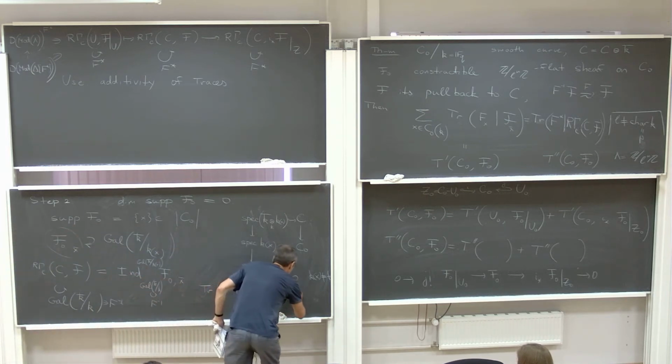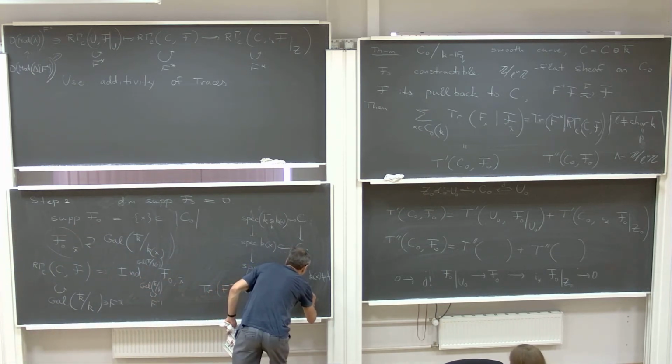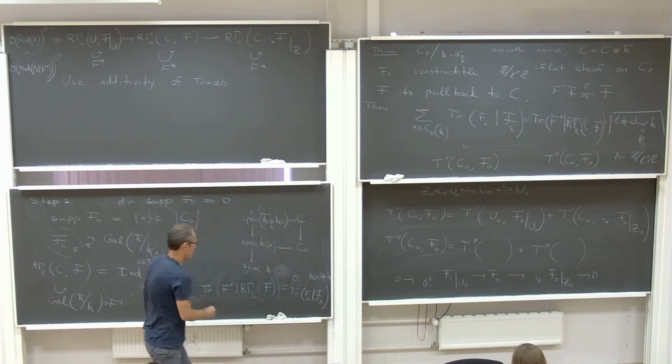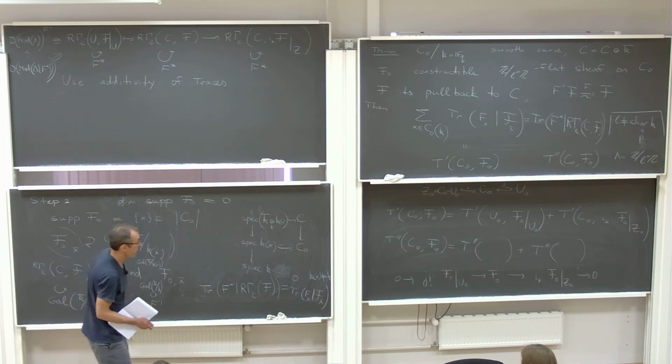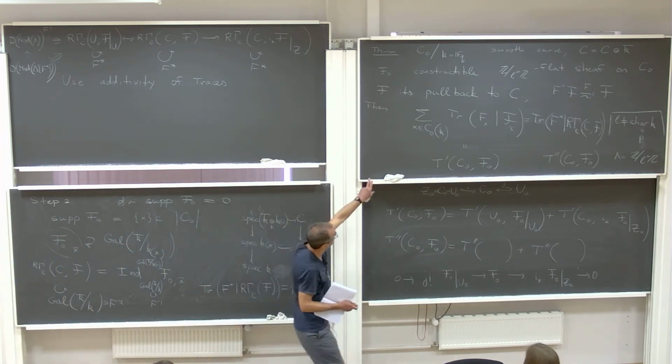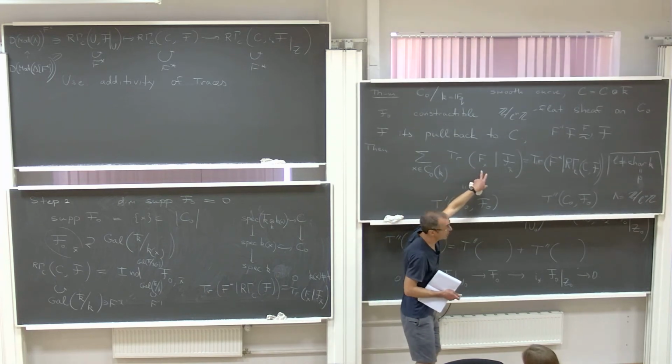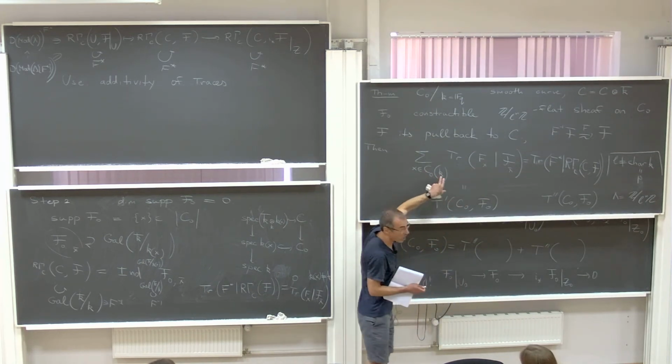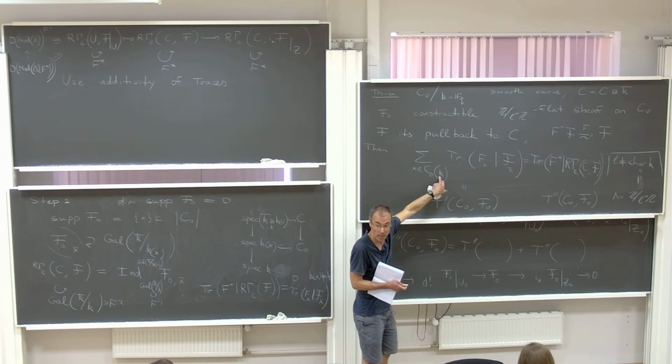So the trace of F x acting on this fiber, right? Good. So now if you compare this with this formula, that's precisely what you have. So only rational points contribute, right?